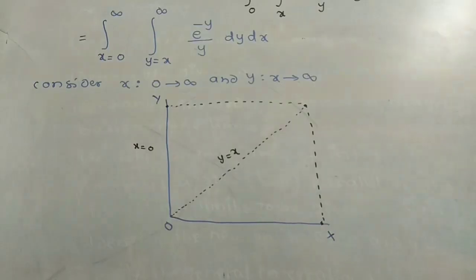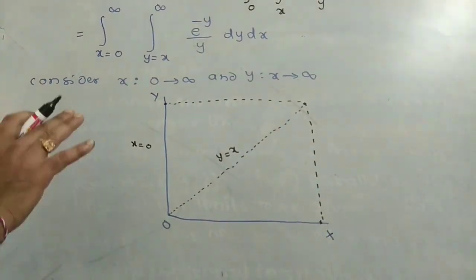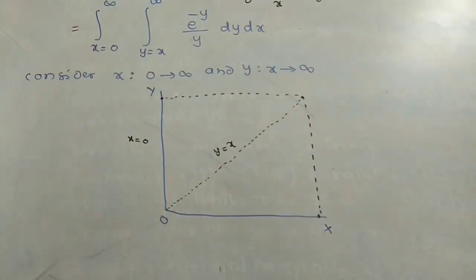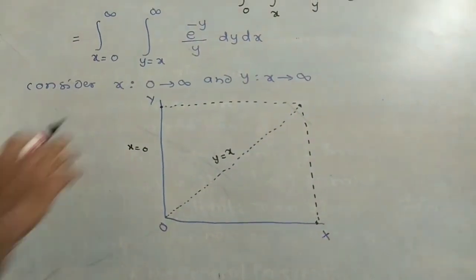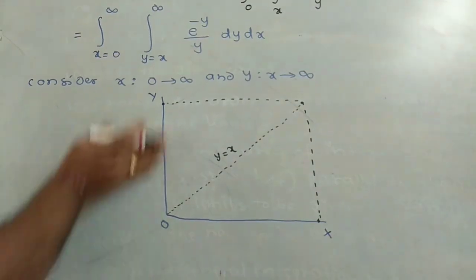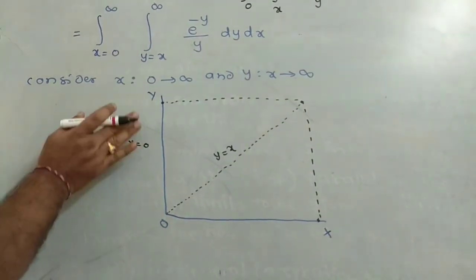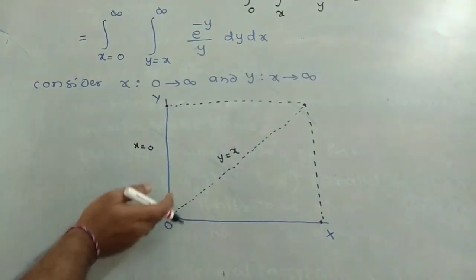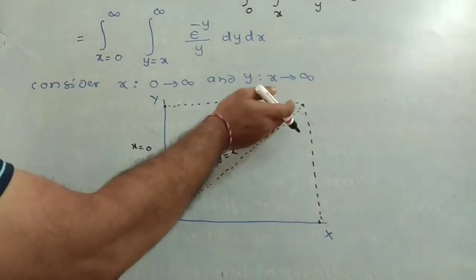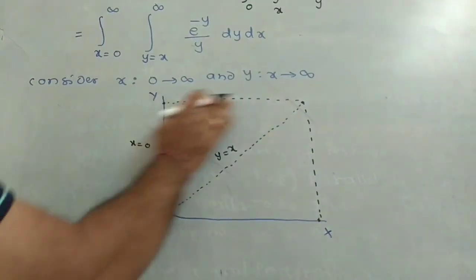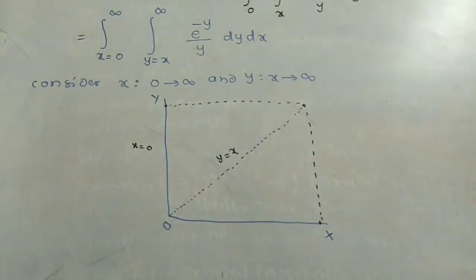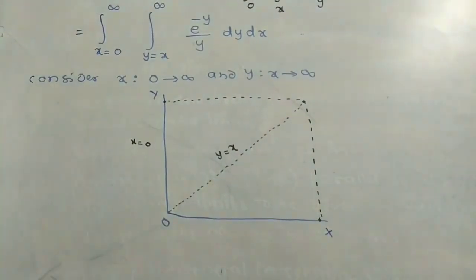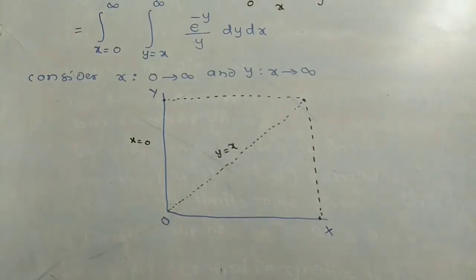Now after drawing that graph corresponding to the limits, you identify the common area. What is the common area? X equal to 0 is this complete y-axis. X equal to infinity means this is your complete line. Y equal to x is this line, and y equal to infinity means this line. So where do you get the common area consisting of all the values?